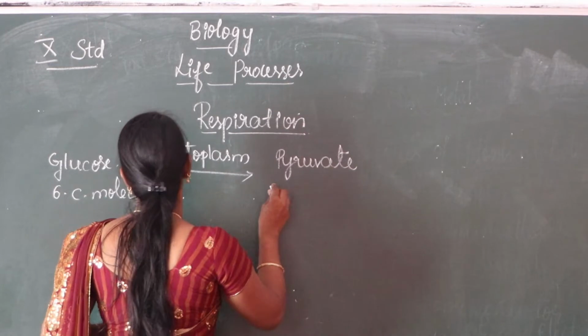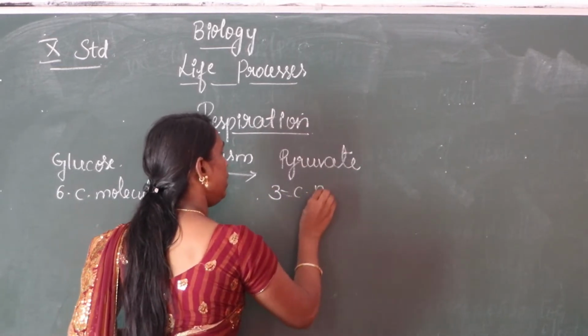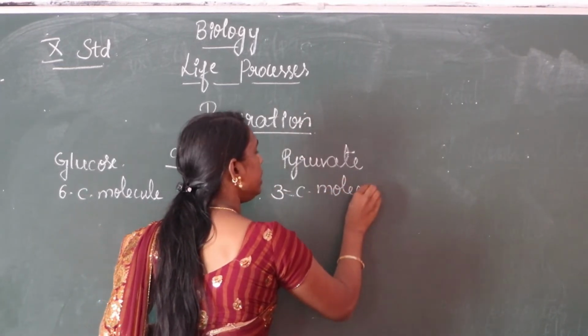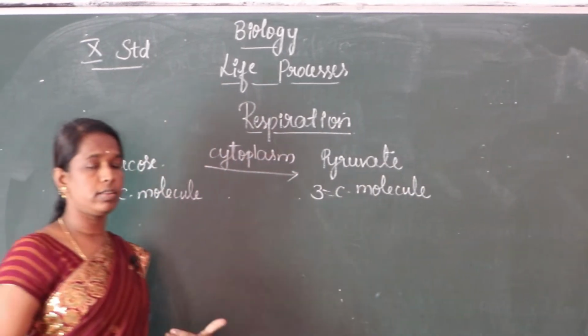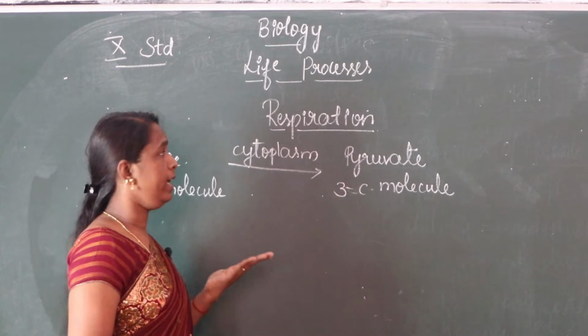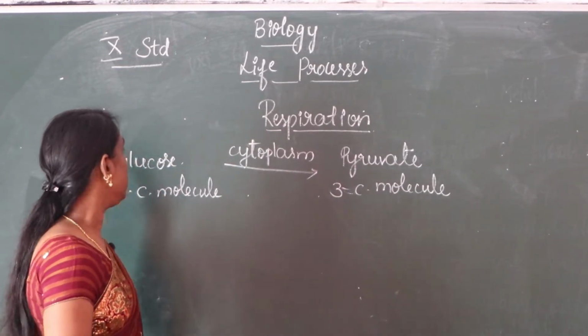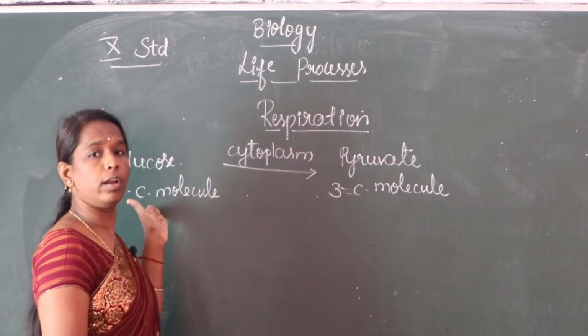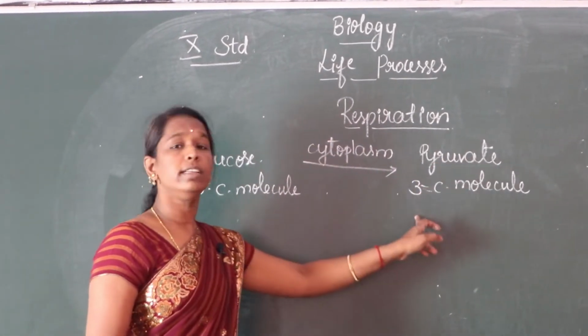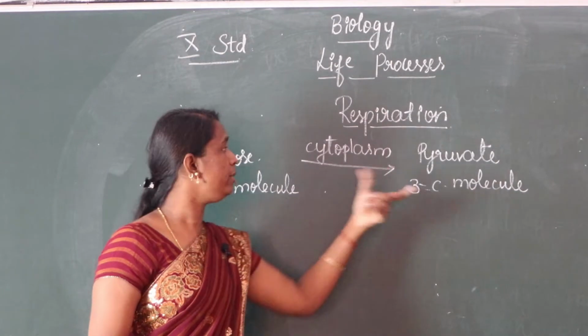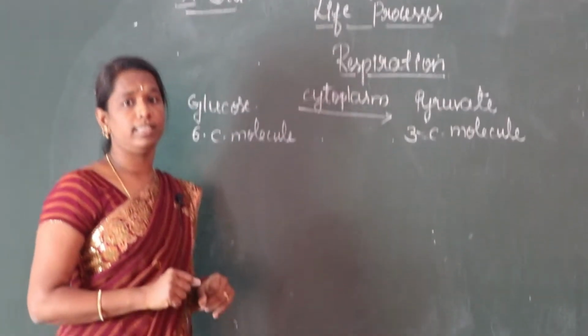Pyruvate is a 3-carbon molecule. Respiration is a process of taking oxygen and giving out carbon dioxide. In respiration, the glucose 6-carbon molecule is converted into pyruvate 3-carbon molecule in the presence of cytoplasm.